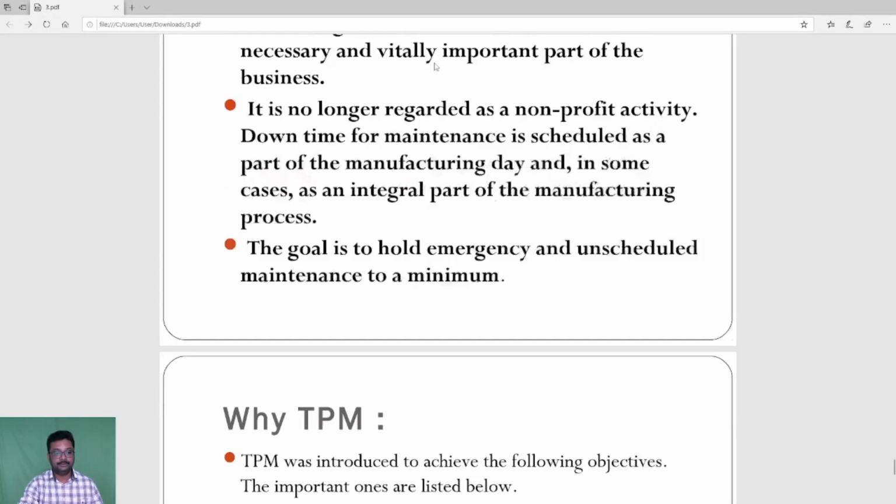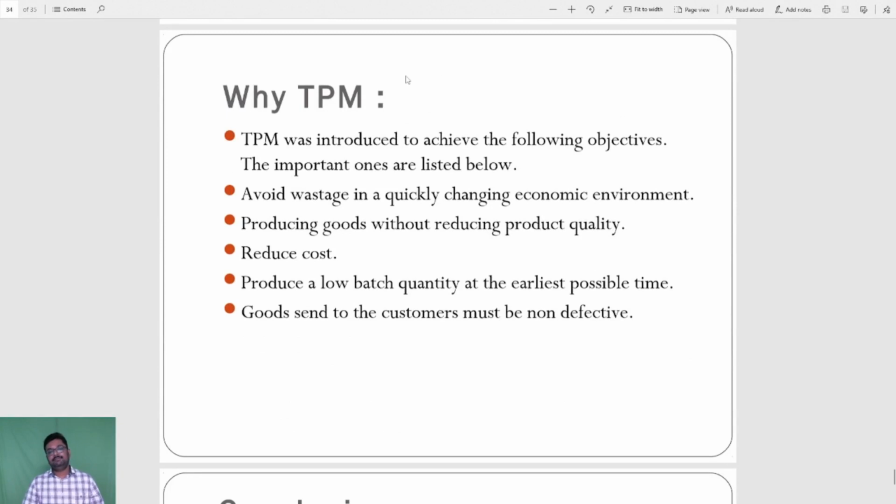So why TPM? Why is TPM necessary? We have a very good production schedule and a very good maintenance schedule. Why is TPM required? Some of the objectives are that it helps to reduce wastage, increase product quality, reduce manufacturing cost, and bring very good customer satisfaction.